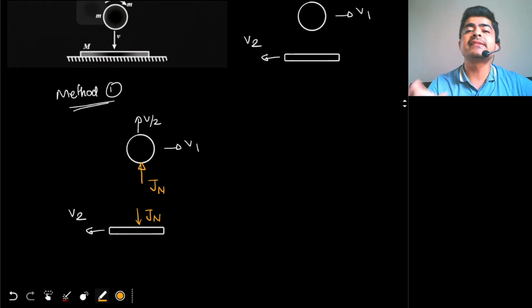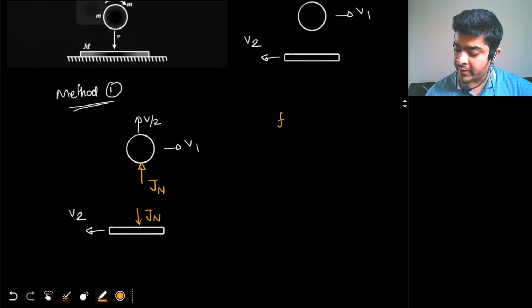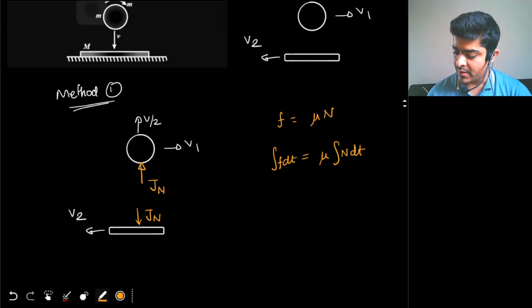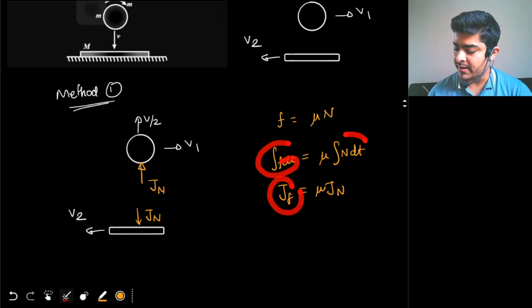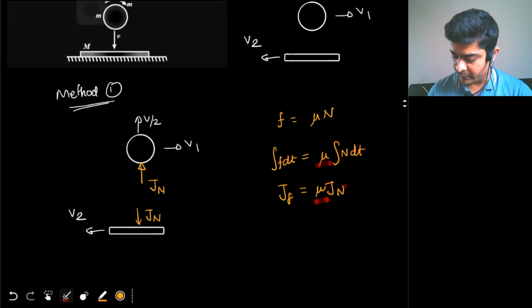Okay, and since there's a normal impulse, there will be a frictional impulse. Why? Because friction is equal to mu times normal force. So integration f dt will be equal to mu times integration n dt. So this is the frictional impulse and this is the normal impulse. So mu will be multiplied with normal impulse to obtain the frictional impulse.